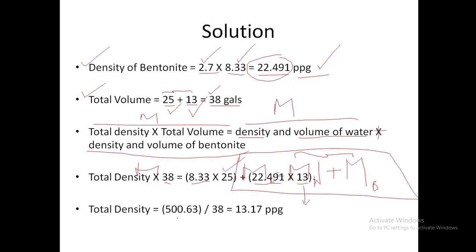If you simplify this, it gives you 500.63, the simplified value of this side, and that is divided by 38, the volume of the final fluid. If you simplify this, it gives you 13.17 ppg as the density of the final fluid.